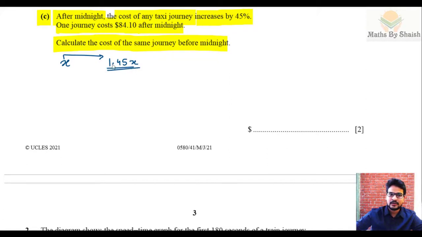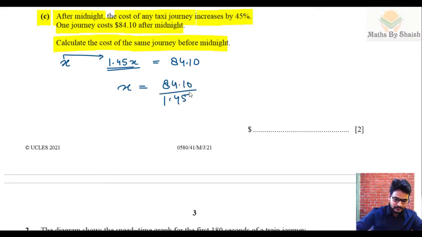This is the new cost, meaning after midnight, and this is given as 84.10. So from here we can calculate x by 84.10 upon 1.45. So 84.1 divided by 1.45 is 58. So the cost before midnight was $58.